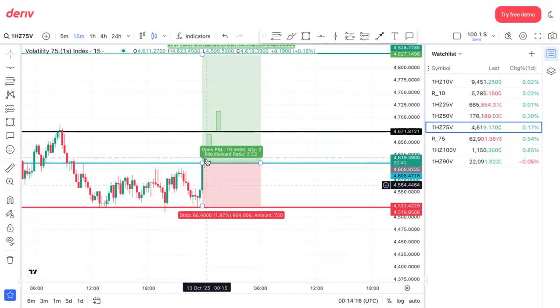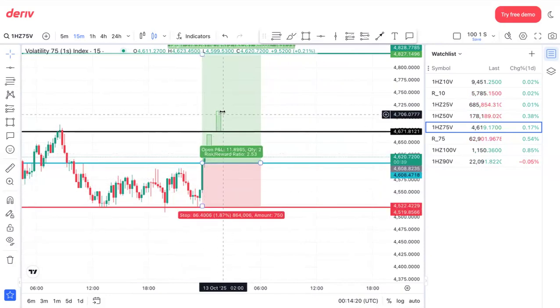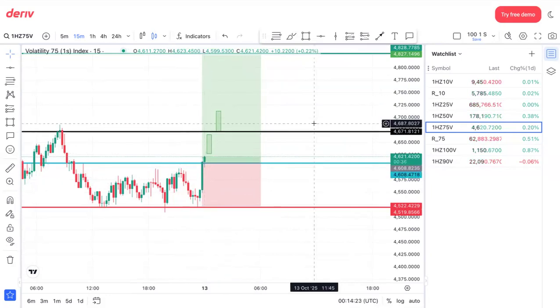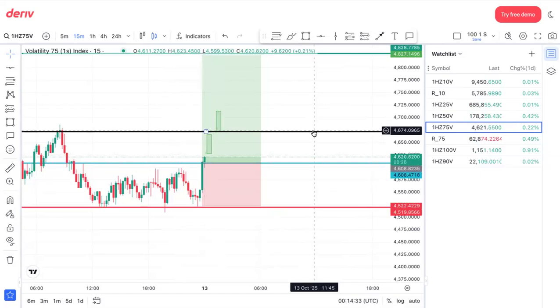You do not move your stop loss from here until you get your 3 full 15-minute candles pushing up. So where some of you guys are entering and moving your stop loss on the first candle, you guys are doing it wrong. And this is what the other people out there are not teaching you.